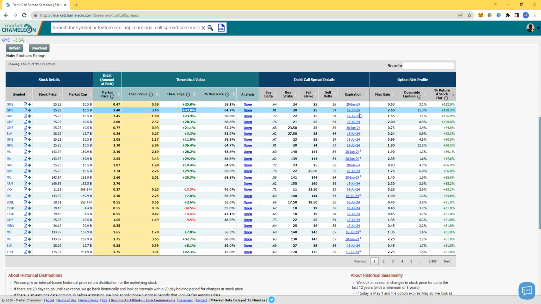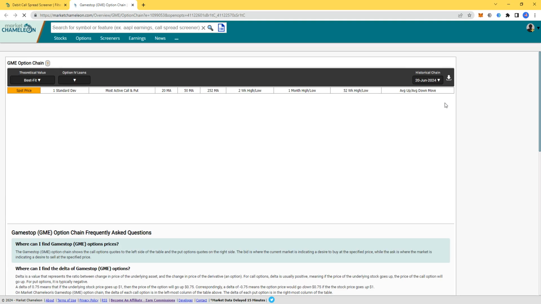trade ideas. So you can read all about it and open all those tabs, but in order to open the trade itself and see exactly in more detail what to do, you're gonna click on the expiration July 19th, so it will open a new tab.